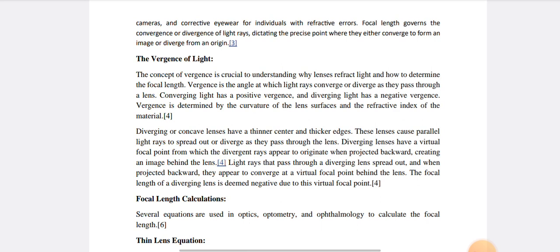A diverging lens has a virtual focal point from which the divergent rays appear to originate when projected backward, creating an image behind the lens. Light rays that pass through a diverging lens spread out, and when projected backward, they appear to converge at a virtual focal point behind the lens. The focal length of a diverging lens is deemed negative due to this virtual focal point.